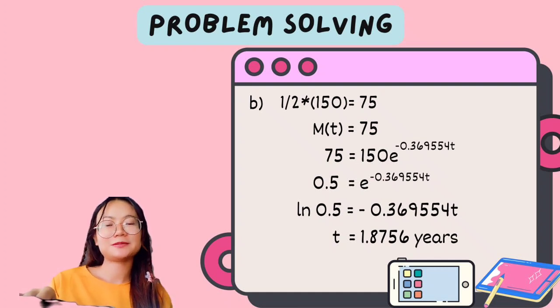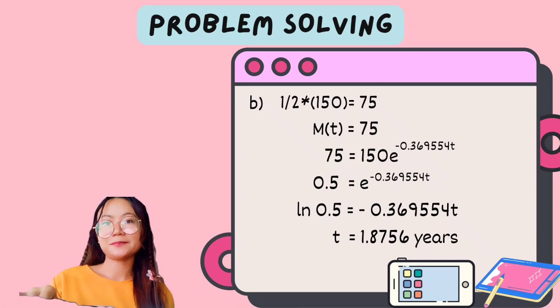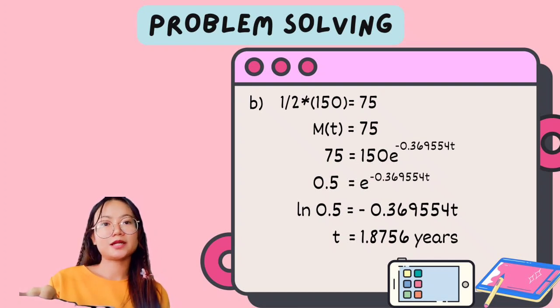I will continue the presentation for question B. Determine the half-life of the radioactive isotope. The half-life of the isotope is the time when the amount left is 1/2 multiplied by M0, or the initial condition, which is 150 grams. Then we get 0.5 equals e to the power of negative 0.369554 t.